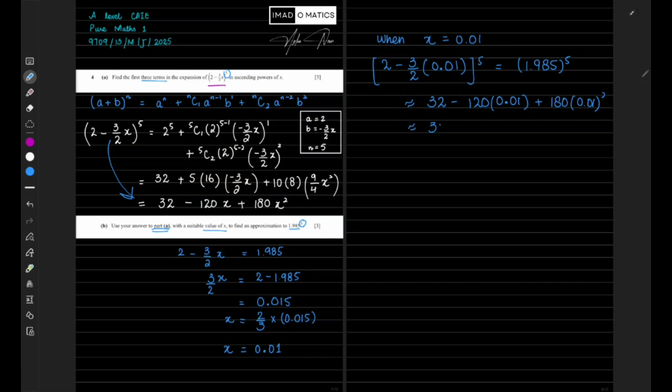So 32 minus 1.2 plus 0.018. And solving this will give you 30.818.